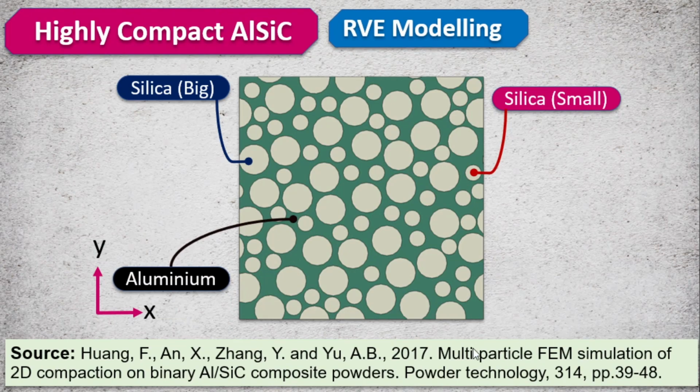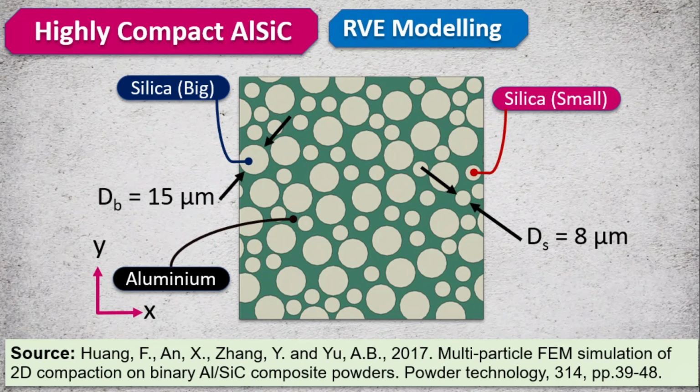I've taken this information from this journal article. Again, you can always go back and look at this journal. In this case, it's described as a binary aluminum silica composite, simply because the inclusion sizes are basically two: a big size and a small size, so it's binary. In some cases, you have multiple particle sizes that you could also use in your simulation.